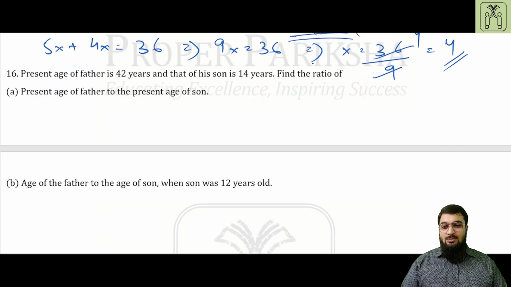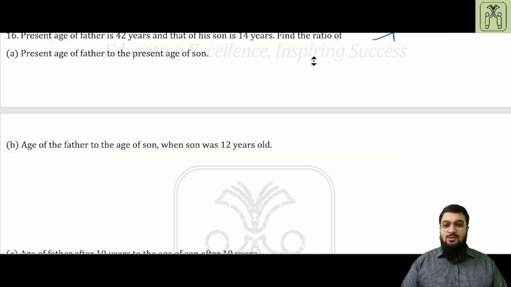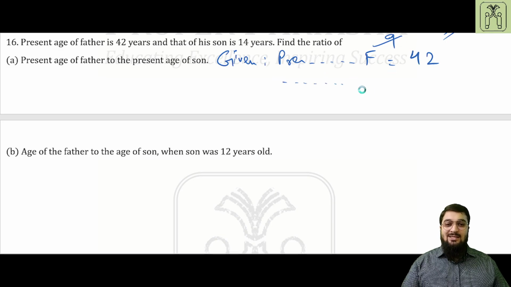Coming to question number 16. Present age of father is 42 years and that of his son is 14 years. Find the ratio of the present age of father to the present age of son.